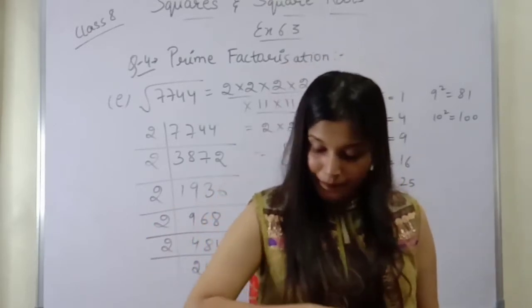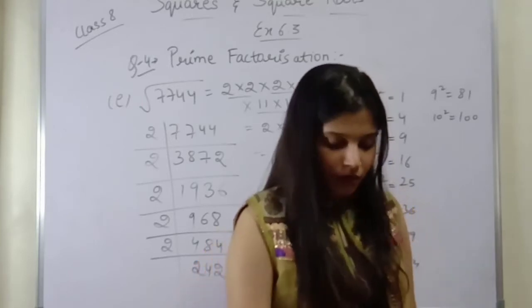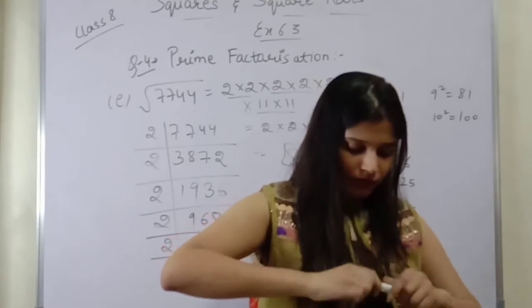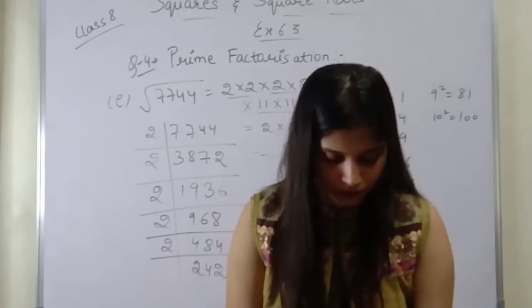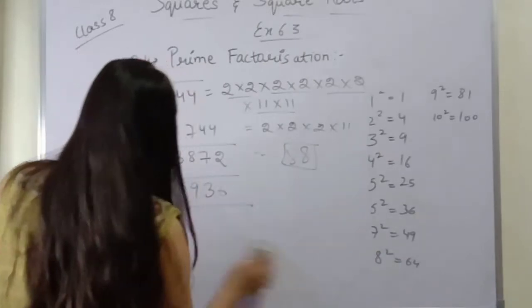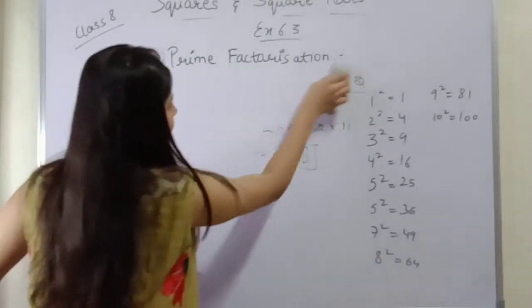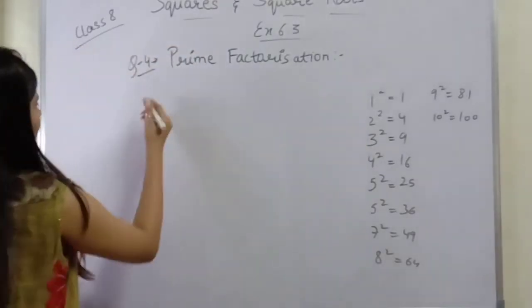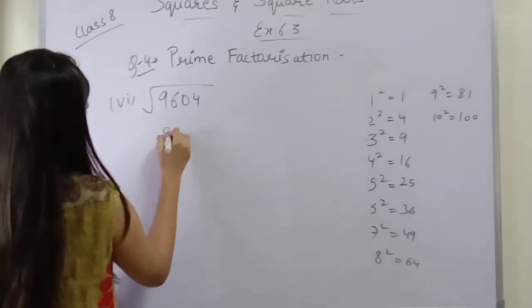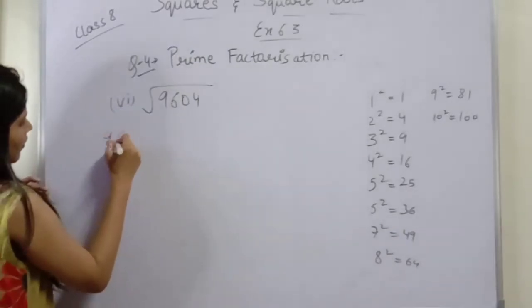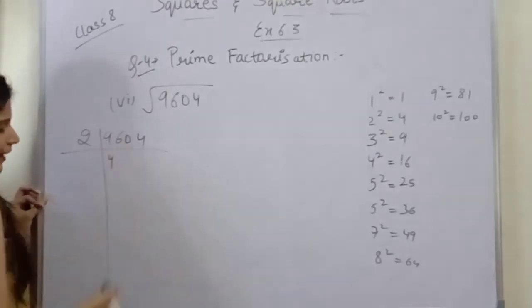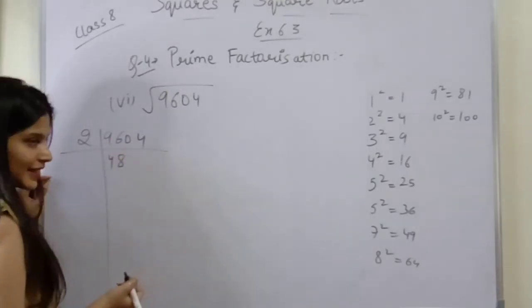Sixth part is 9604. Nine six zero four. This is a multiple of 2. 2 4s are 8. 2 8s are 16.